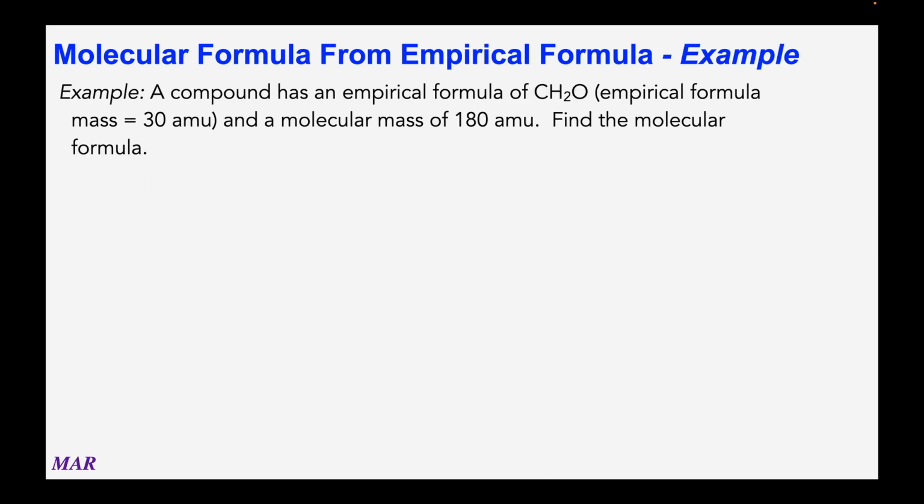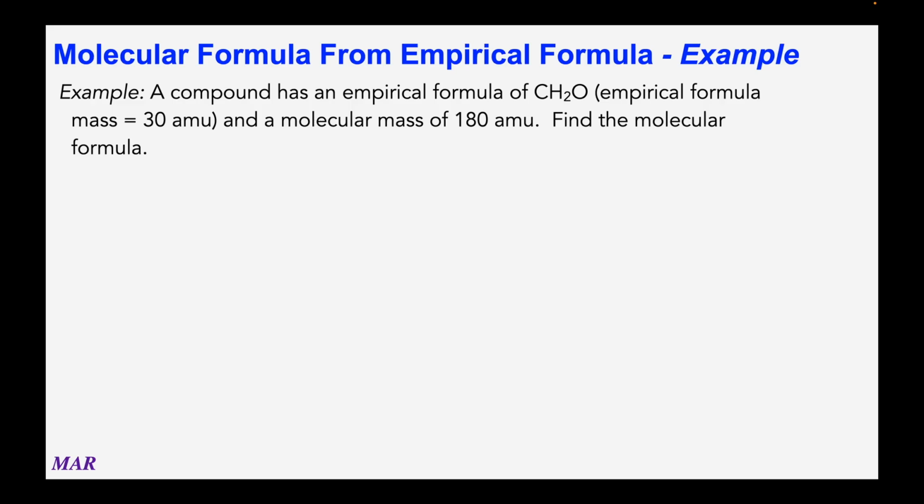Let's say that we have an empirical formula of CH2O, and when you find the molar mass of that empirical formula, i.e. add up a carbon, 2 hydrogens, and an oxygen, it's 12 plus 2 times 1 plus 16. That's cheesy sig figs, but it works: 30 grams per mole, 30 AMU. Well, the molar mass of the whole molecule is 180 AMU.